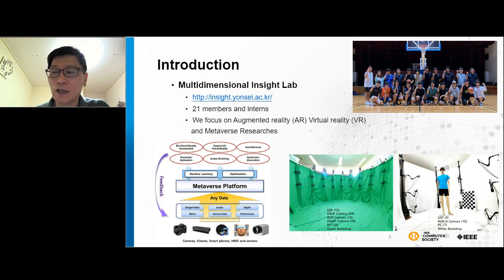In order to make such a good research foundation, we built this multi-camera studio in our school, where we capture humans using over 100 cameras, so we can capture humans in 3 dimensions. This visual information is transferred to graphic information in terms of mesh and point cloud and something like that. So we are trying to do research from image and video processing to computer graphics, making a bridge between these two fields, utilizing artificial intelligence technology. That is what we are doing.